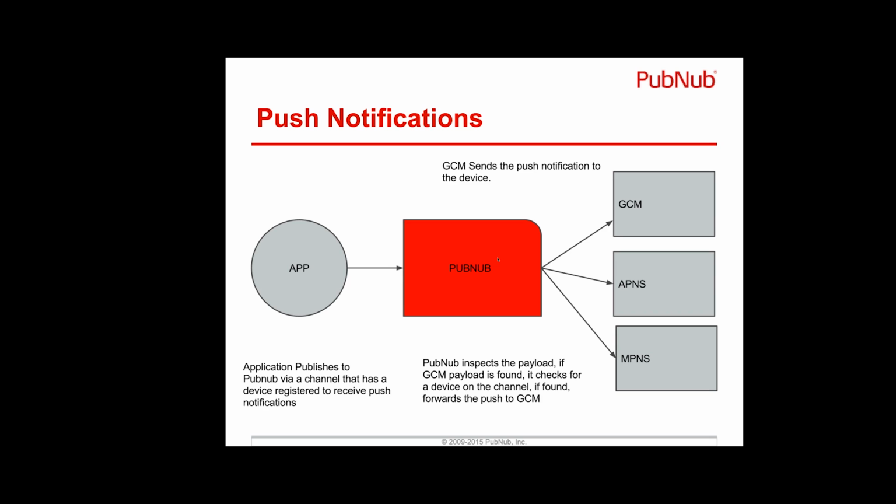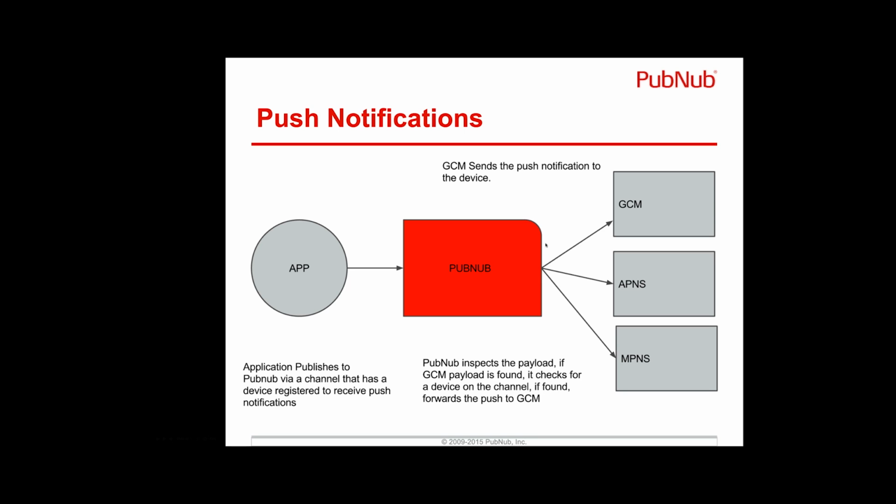Just to break down how push notifications are actually implemented, you have an application that wants to send push notifications. This could be a server-side app or another mobile app or a desktop application, whatever the case may be. But you will want to send those messages to a PubNub channel with a very specific payload.